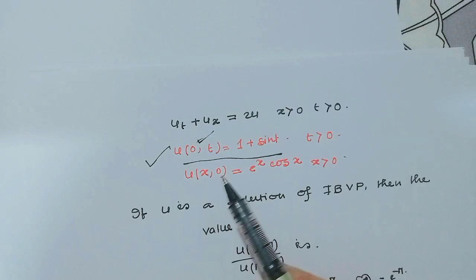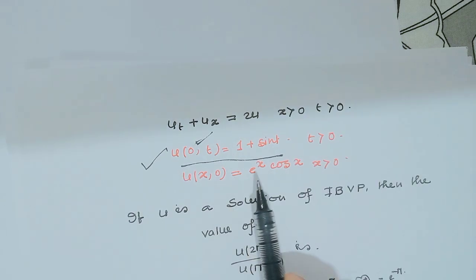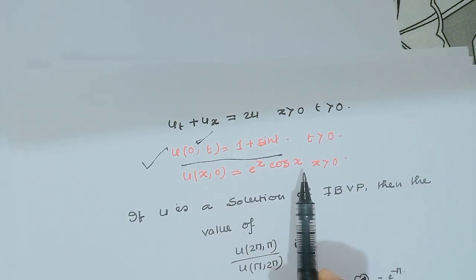Okay. And next initial condition, u(x, 0) equal to e to the power x cos x.